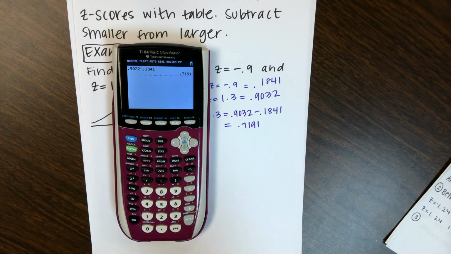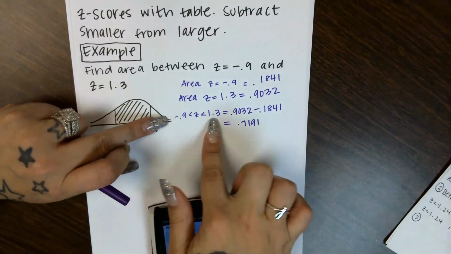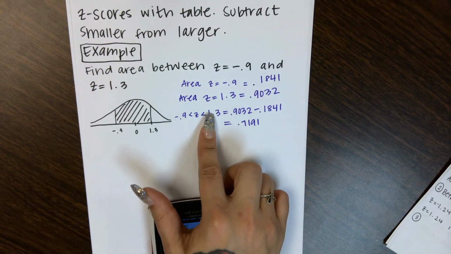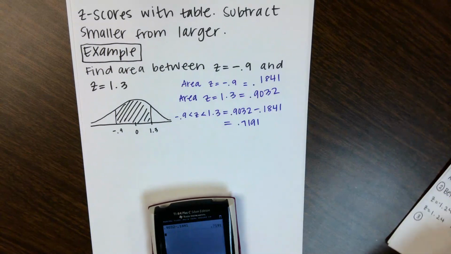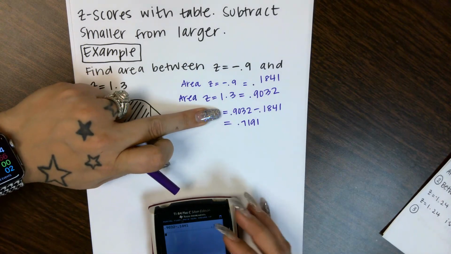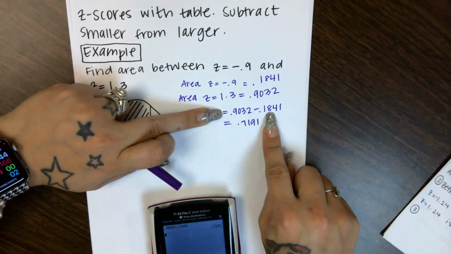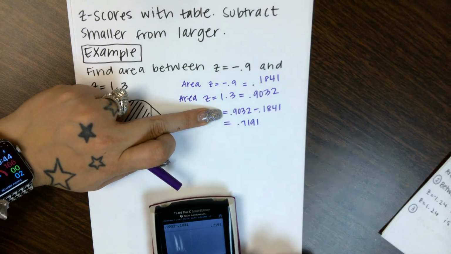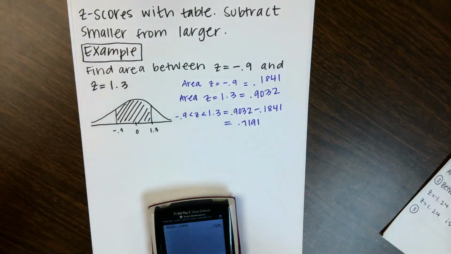Just reading it, it said to find the z-scores, subtract the smaller from the larger. Oh, that's it. Way more difficult. I'm just saying it in math. And because I wrote it here, you could just do what it says next, which is subtract smaller from larger. I'm finding the area between these two z-scores.